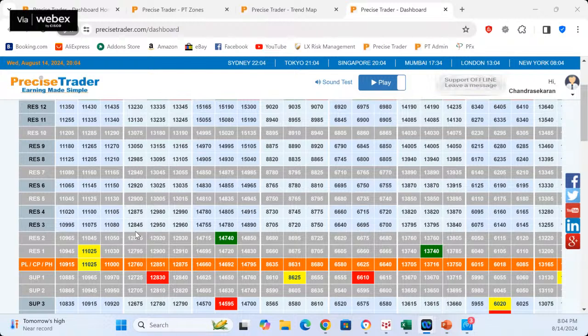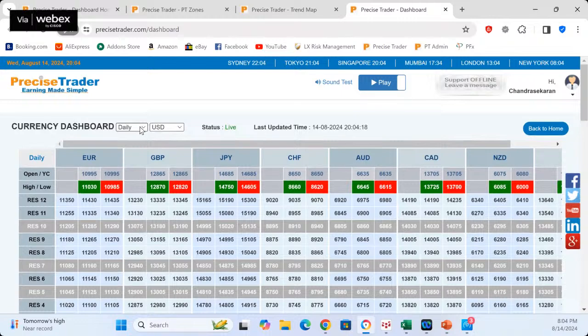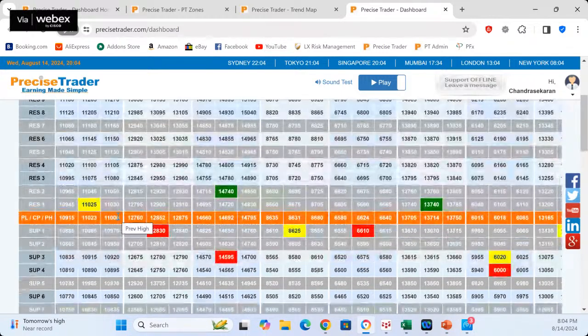Then you do it. So we are going to buy euro dollar. When we say buy, we must always decide on the stop loss first and the price target next. When we say stop loss, ask yourself whether you are an aggressive trader or a conservative trader.